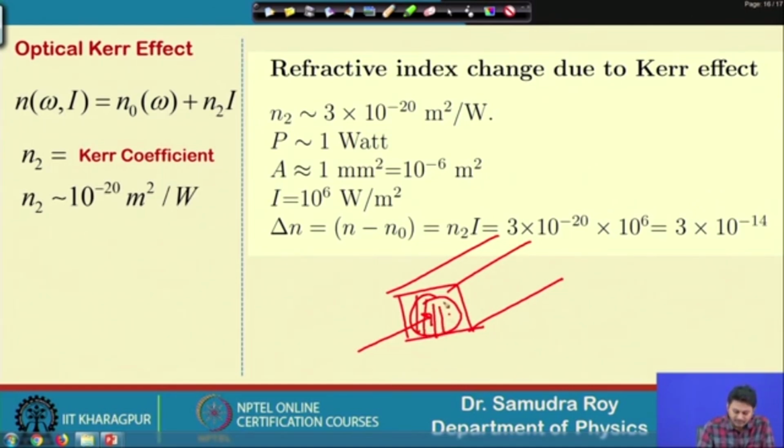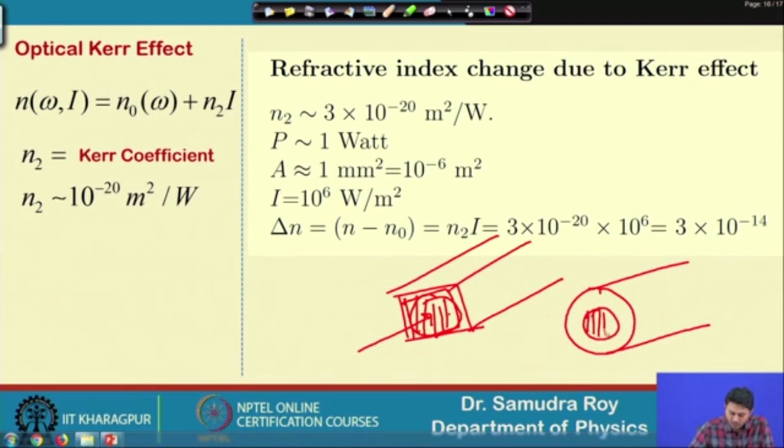So, this region is normally the area I am talking about. For fiber, this is a cylindrical kind of structure and we have a core here, and if I launch light, it will be confined inside this core. So, the area of the core is typically the area I am talking about, the area where the light is confined.